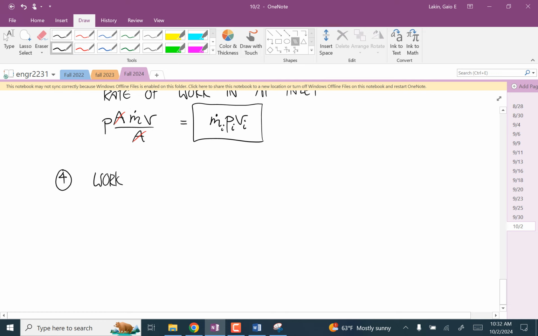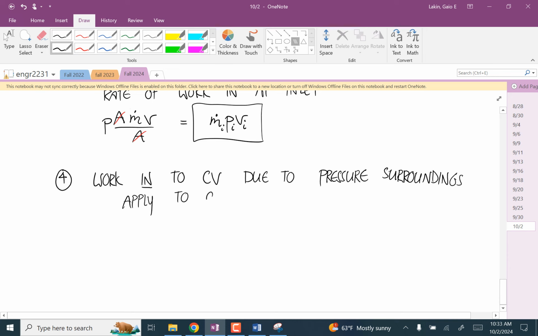So this is the work coming in to the control volume due to pressure, the surroundings apply to the control volume. You say pressure from the surroundings, would that be like a pipe or something?